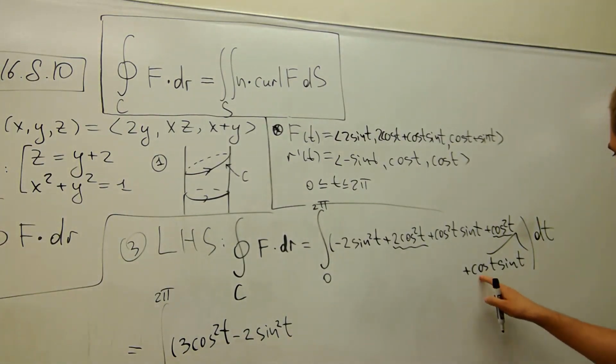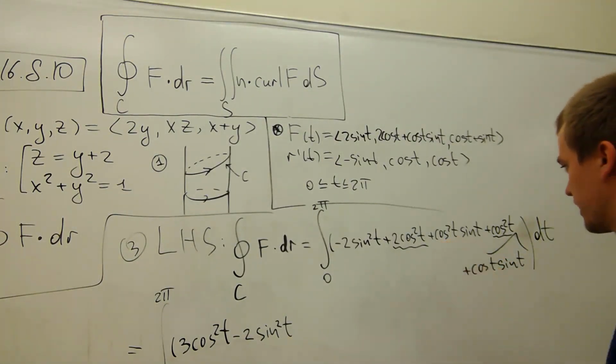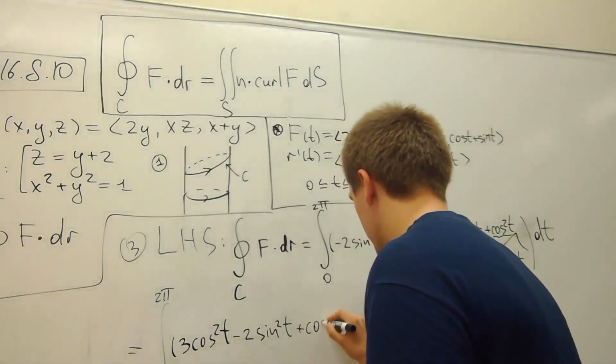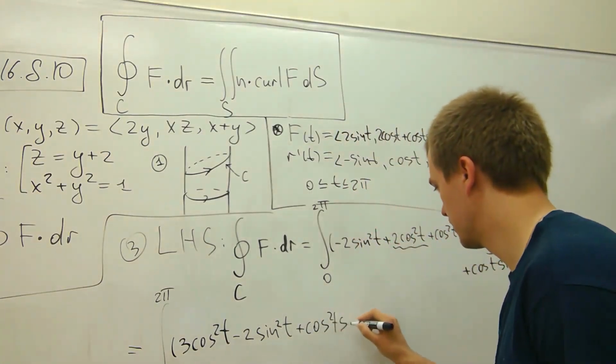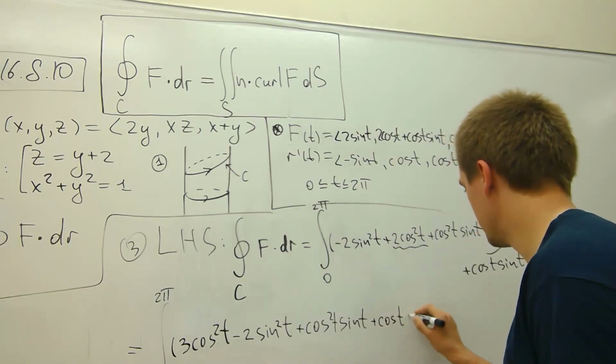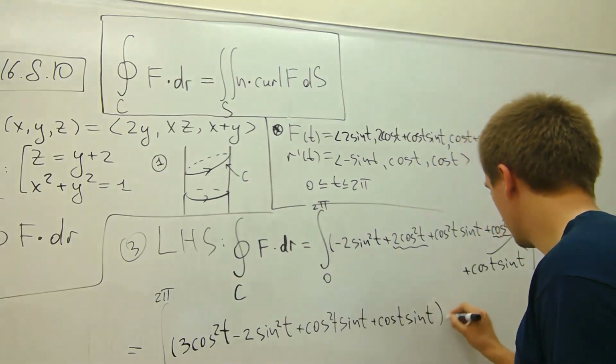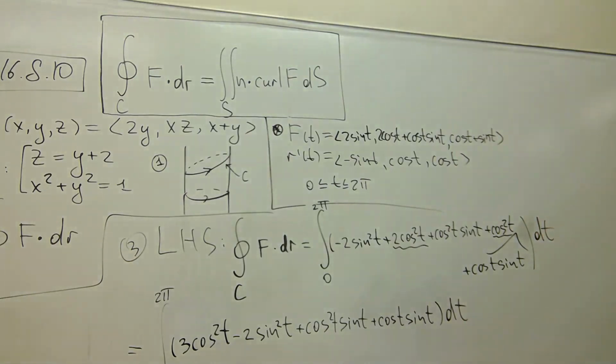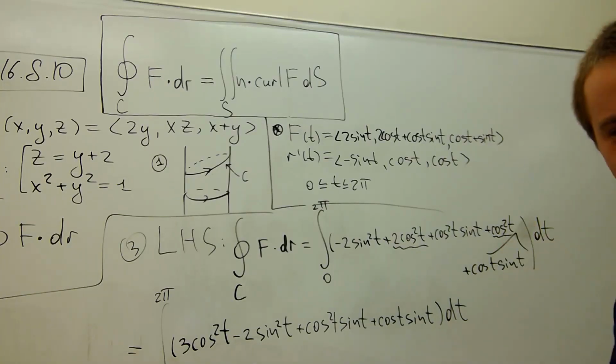And I have cosine t sine t and cosine square t sine t. So plus cosine square sine t and plus cosine t sine t dt. Okay. Let's evaluate this integral.